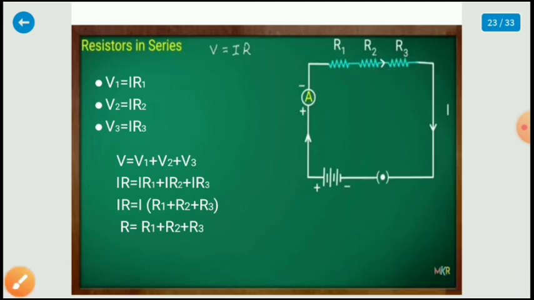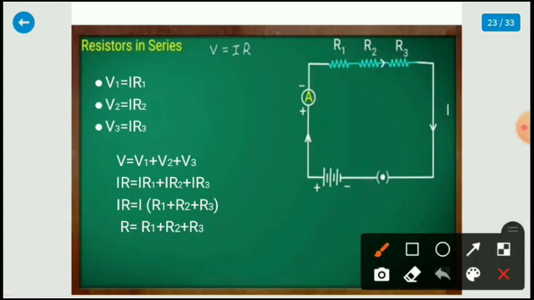The voltage across R1 we are taking as V1, the voltage across R2 as V2, and the voltage across R3 as V3. So there are different voltages across the different resistors.